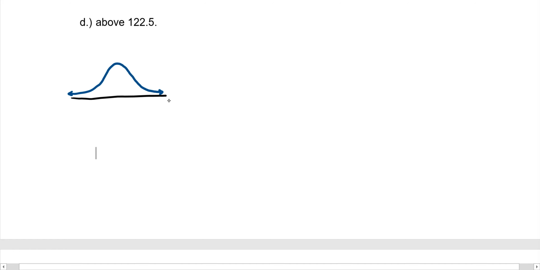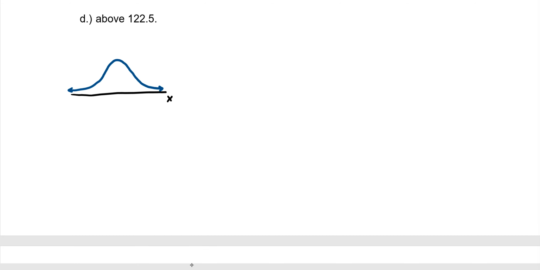We want the percentage of IQ scores above 122.5. So let's go ahead and draw that out. So we have our mean of 100, and 122.5 is maybe somewhere over here to the right. We want everything above it, which means that's going to be the area to the right.